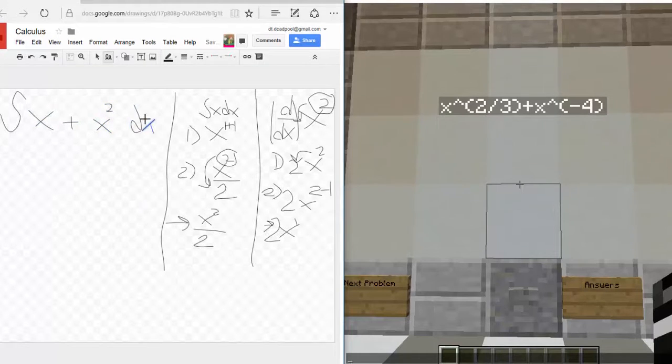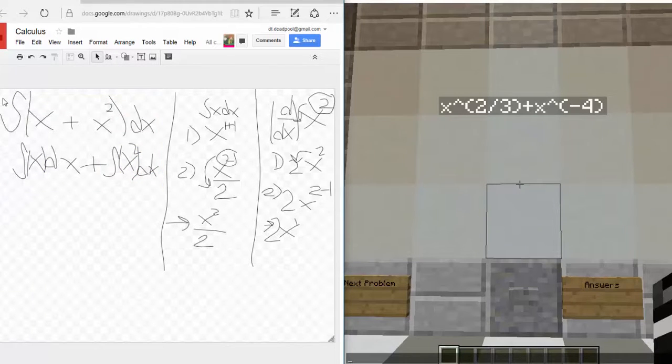You can also make it the integral of x dx plus the integral of x squared dx. Okay? So you can take the integral of the whole thing, or you can take the integral of each little piece.